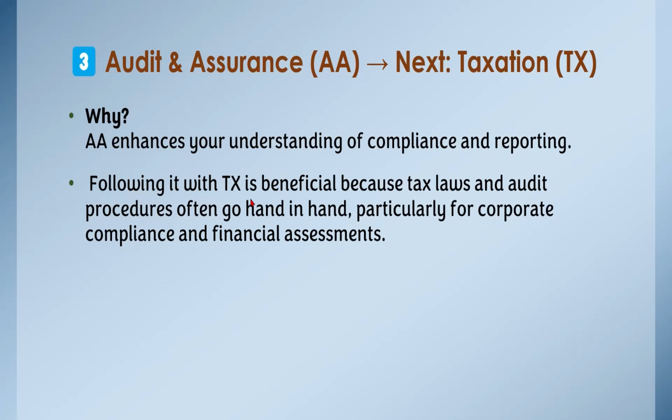These two papers are totally opposite, there is no interlink between them. That's why you can go with taxation. So usually what I suggest is you can go with FR, then AA, or you can go with PM, FM, FR, AA, and taxation accordingly.